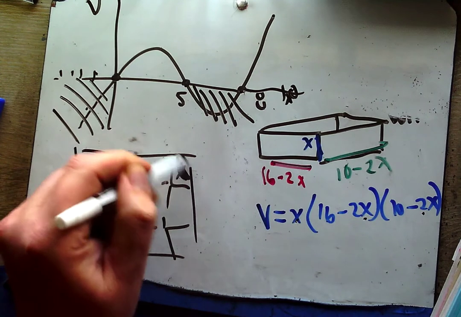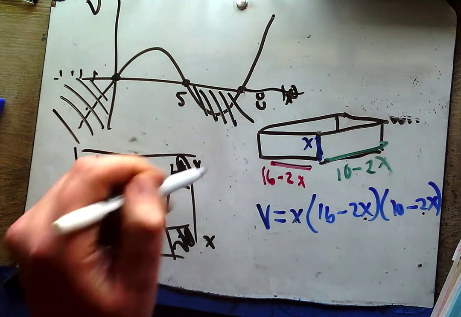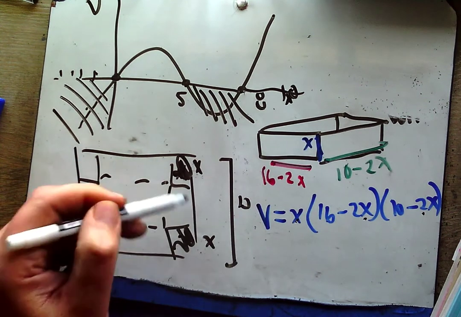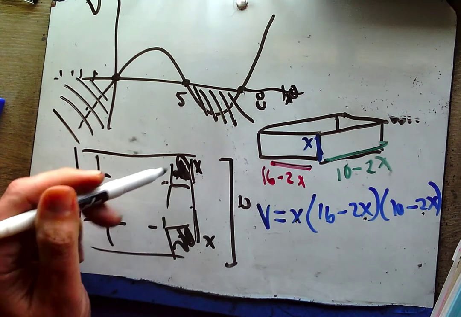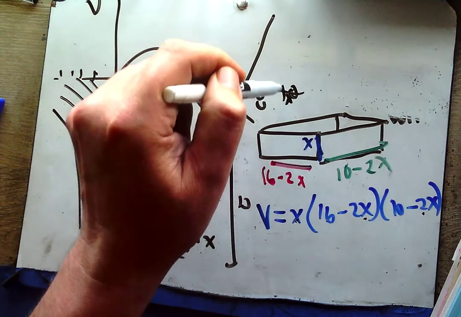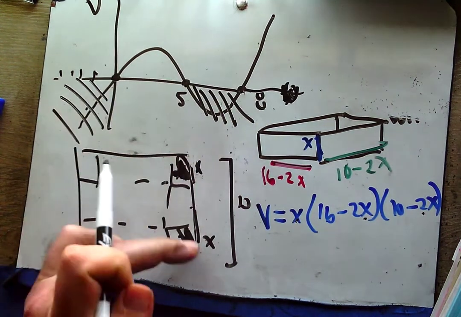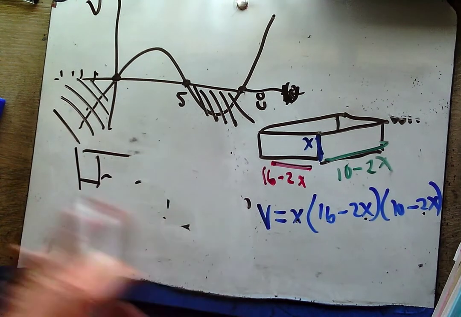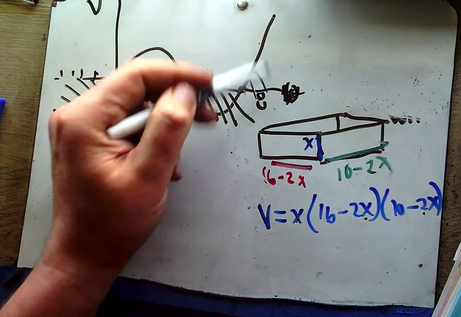If this is x, and this is x, and the whole side is 10, if I cut 5 and 5, I'm left with no side length. So if I try and cut 10 off of this side and 10 off, no, I can't. 5 is the most I can do, which is why we're really only looking at this part of this volume curve. This is all garbage.